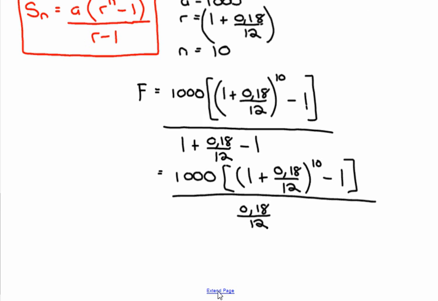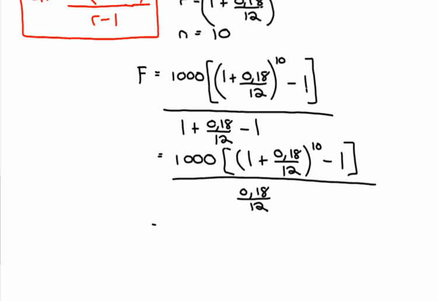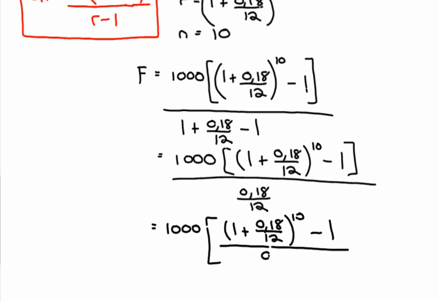And another way to just use your brackets there, which you could have done right from the start, is we could take that 1,000 and just keep it in front and do it like this, where we've got 1 plus 0,18 over 12 to the power of 10 minus 1 over 0,18 over 12.